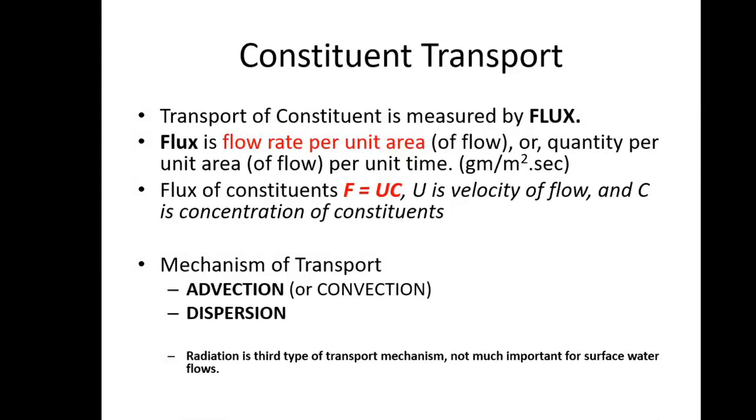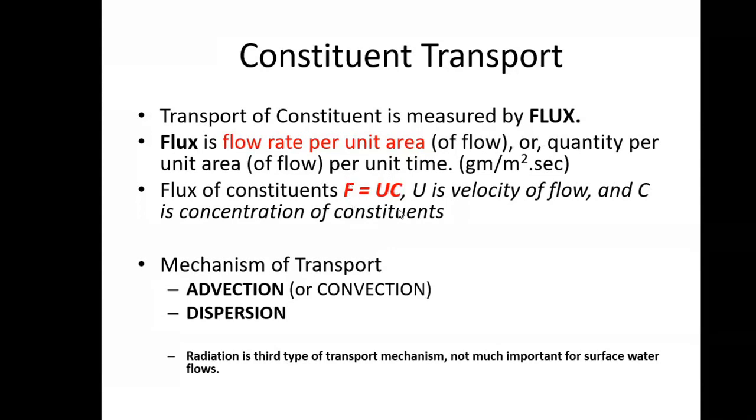If it is a river channel, it is the flow rate of the constituent, not the flow rate of the water. Flow rate of the constituent per unit area of the fluid or flow is called flux, represented by F.